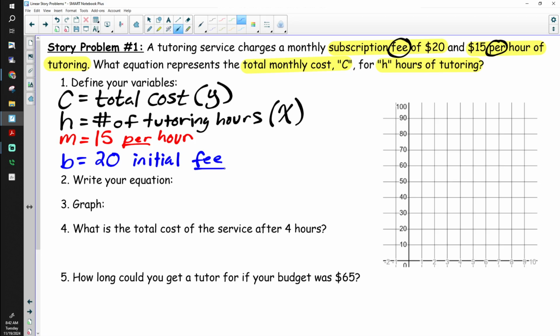Okay? So we have our 4 things, so we can write our equation. Remember, we're writing this in the form y equals mx plus b. So instead of y, we're going to put in a C. C equals m, which our m is 15.